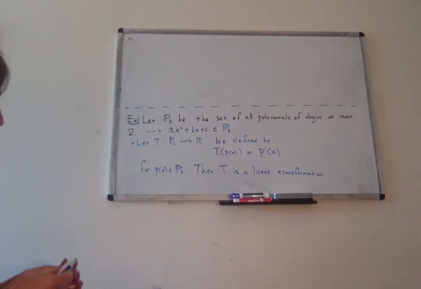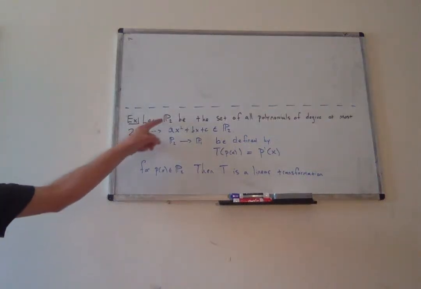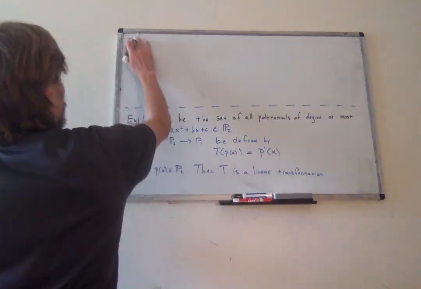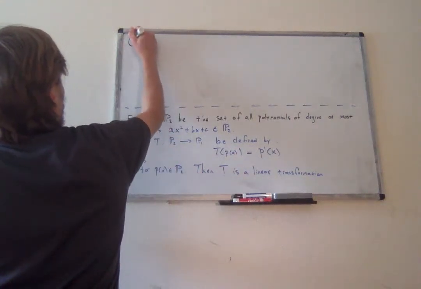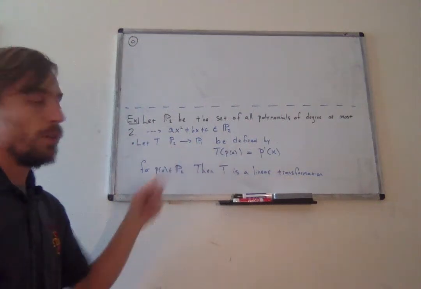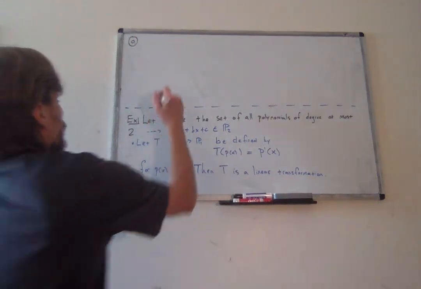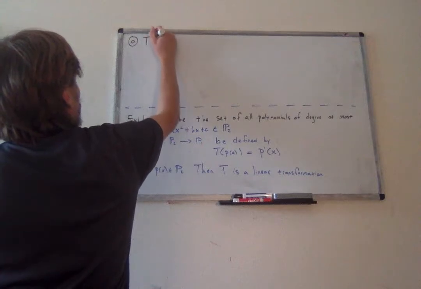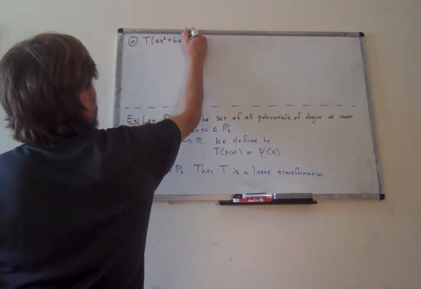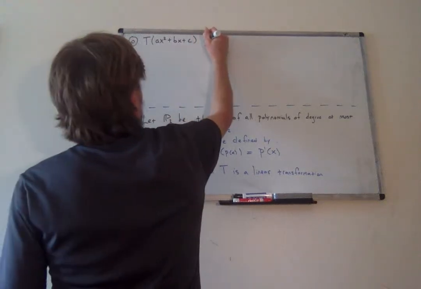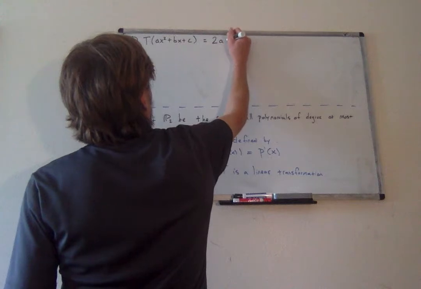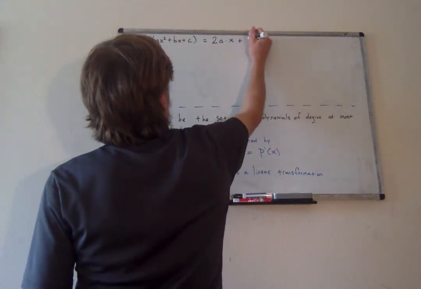So we want to show that this map is a linear transformation. So sort of the 0th step in this, we want to make sure that T does in fact send polynomials of degree at most 2 to polynomials of degree at most 1. So here, if I take an arbitrary polynomial of degree at most 2, well, T should send it to its derivative, and so its derivative is 2a times x plus b.